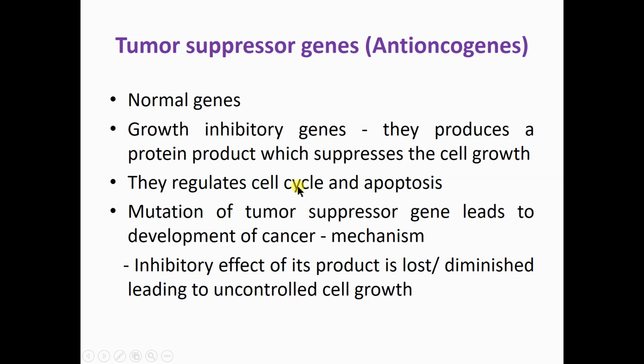They mainly regulate the cell cycle and cell apoptosis, so that cell growth is regulated. If a mutation of this tumor suppressor gene occurs, it may lead to removal of regulation of the cell cycle and apoptosis.